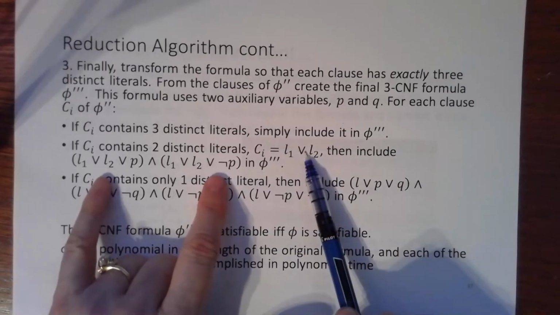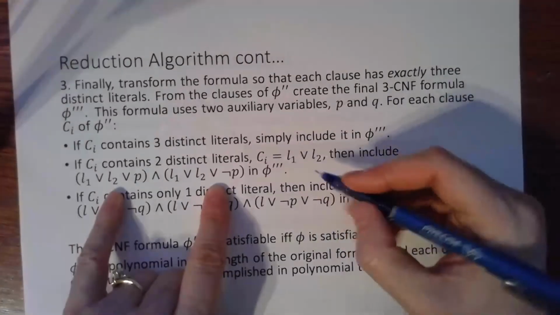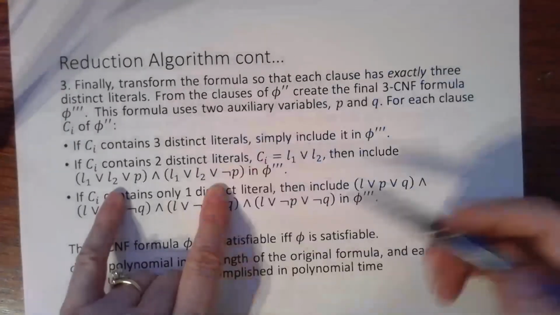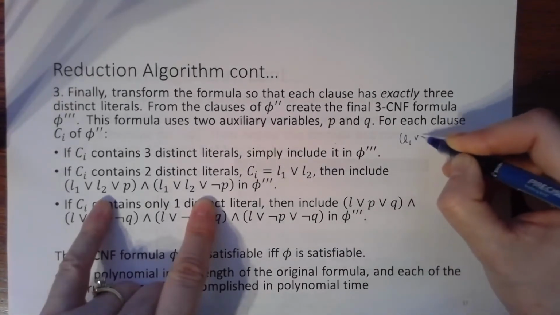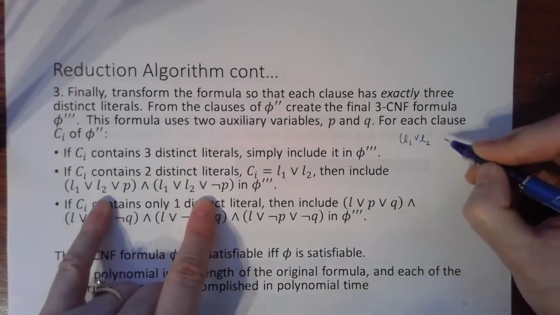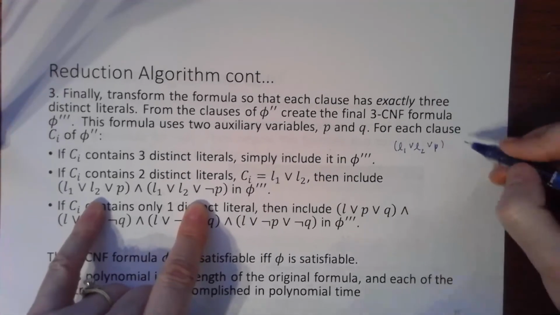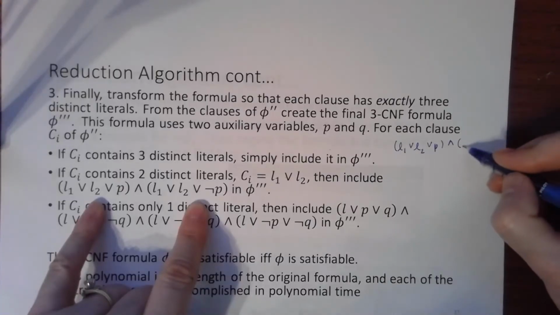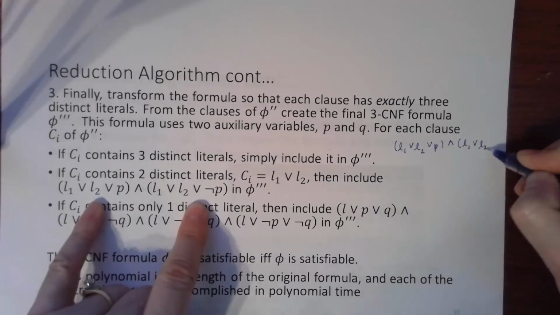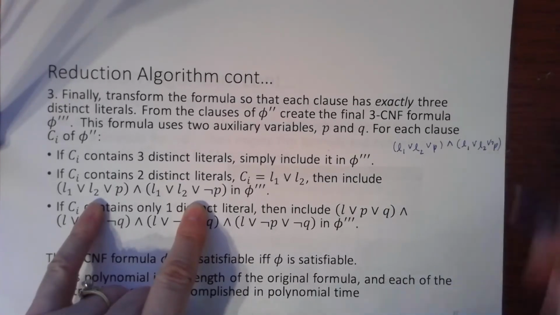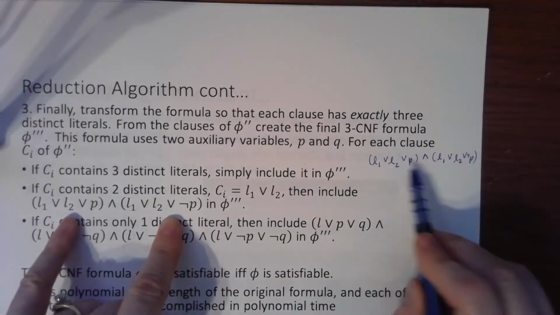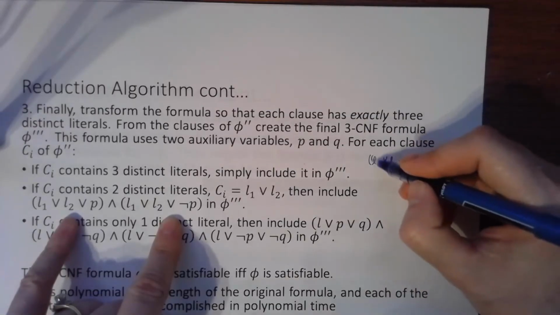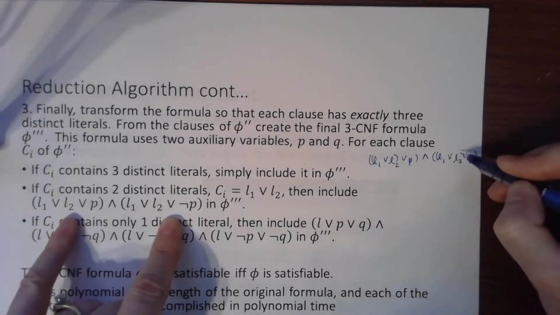So if I think about this in terms of logic, I'm going to do this on the side. I have literal 1 or literal 2 or P, and that's ANDed with literal 1 or literal 2 or not P. Since or is associative, I can group this together and group this together.